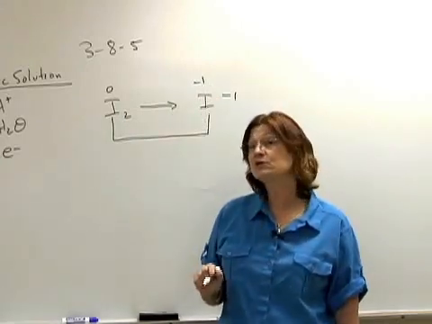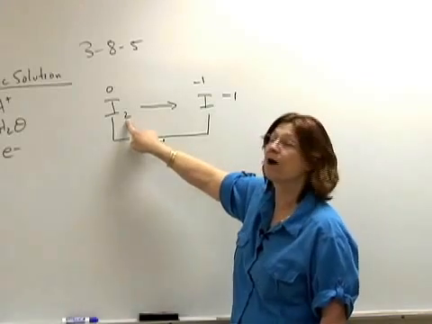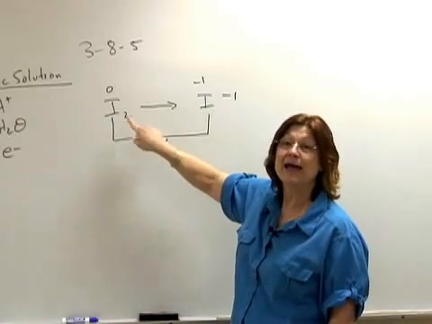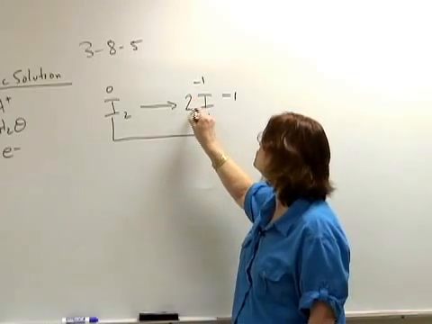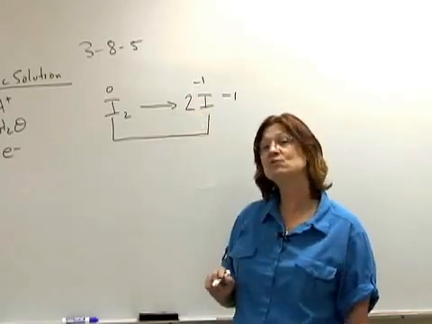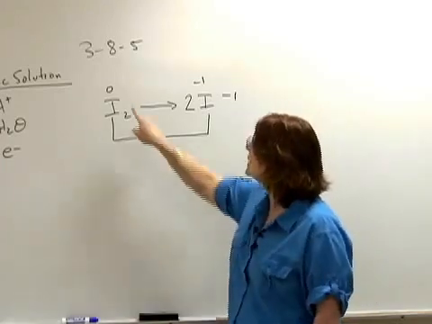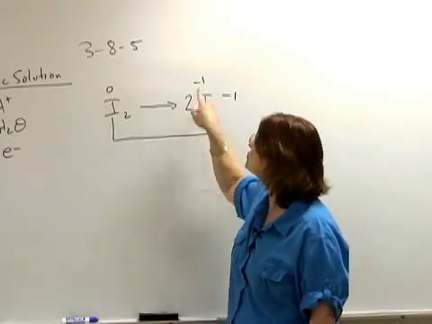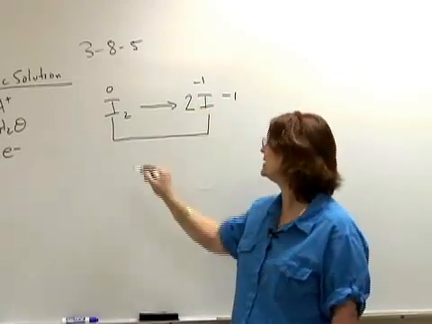However, I must also notice something very, very important, and that is that there are 2 iodine atoms here. And I need to take care of that first. Therefore, I'm going to put a 2 in front so that I have 2 atoms of iodine on both sides of the equation. Now, when I change the charge from 0 to -1, that means that I have gained 1 electron.